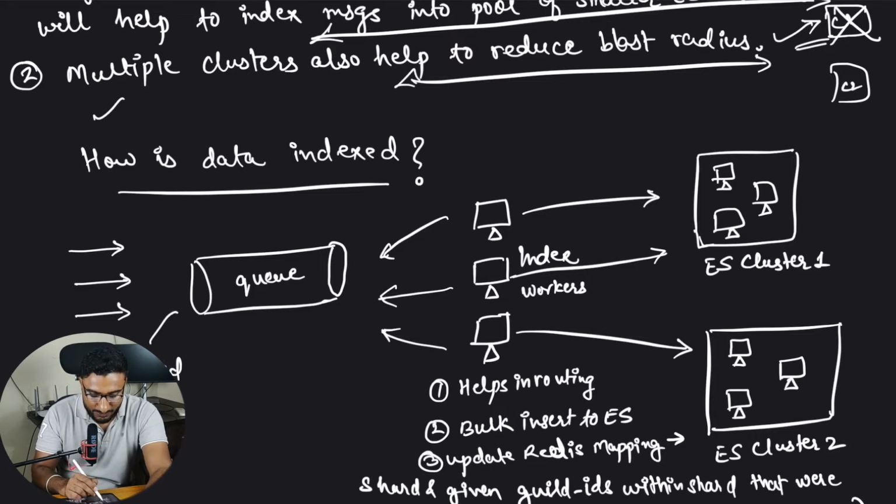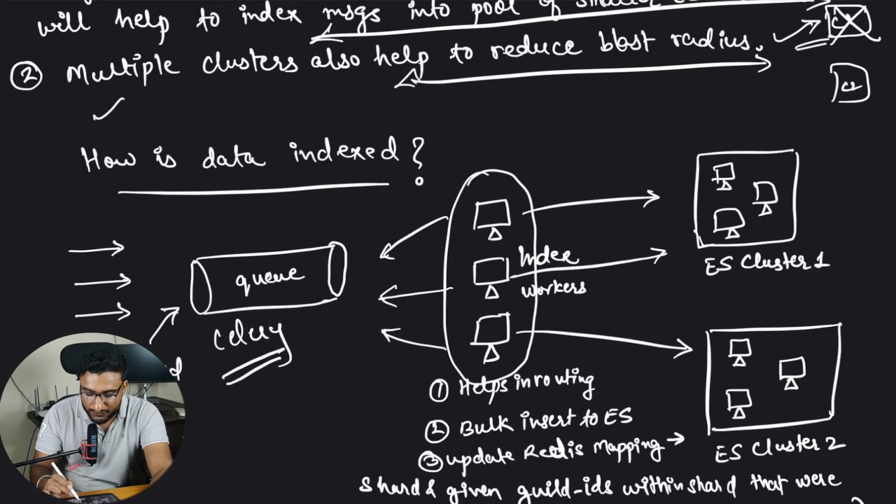The messages posted in real time will be posted to a queue. This queue is built on top of Celery, but you can think of any distributed queue. The messages are pushed to the queue, and from this queue we have index workers. These workers will pull the messages from this queue.